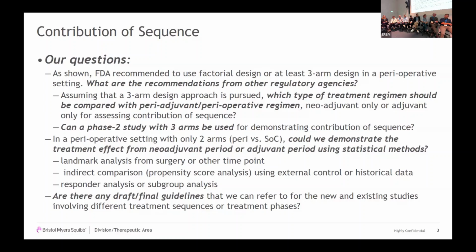But I personally have a question on the re-randomization, because after surgery you re-randomize, then the effect will be diluted for patients, because they change. Some patients would go from the adjuvant to the control, and then the power will be reduced.